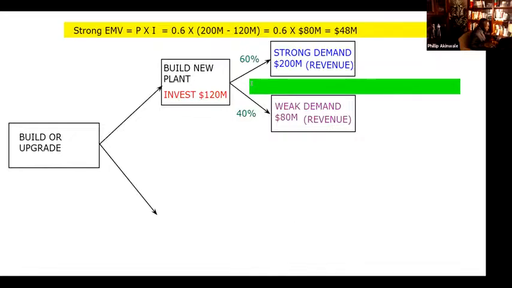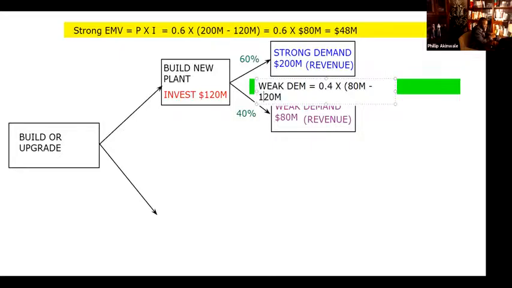So weak demand is equal to 0.4 times, what is the revenue? 80 million minus 120 million. And that is going to give you a negative.